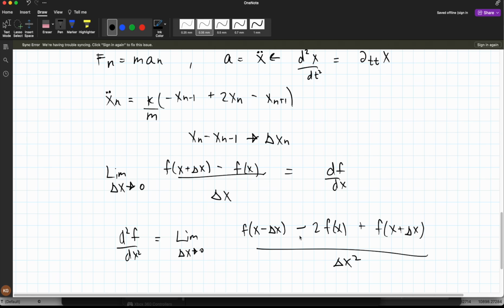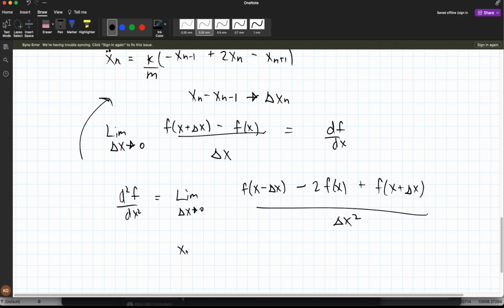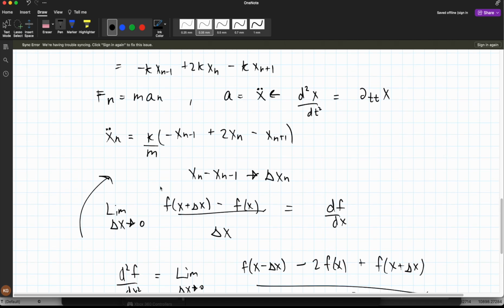I mean, if we look up over here, and then we say x_n is really just x, or we can call it y of x. That's a little confusing notation. Essentially, I'm saying the displacement, and I probably should use y's for all this instead of x's, because x we usually think of as the movement along the horizontal axis.